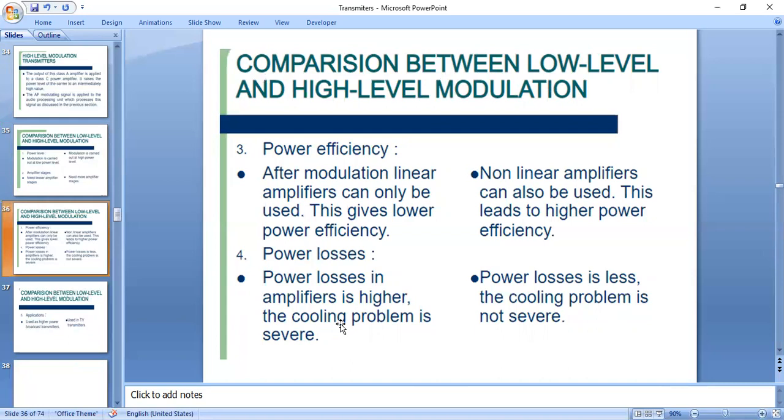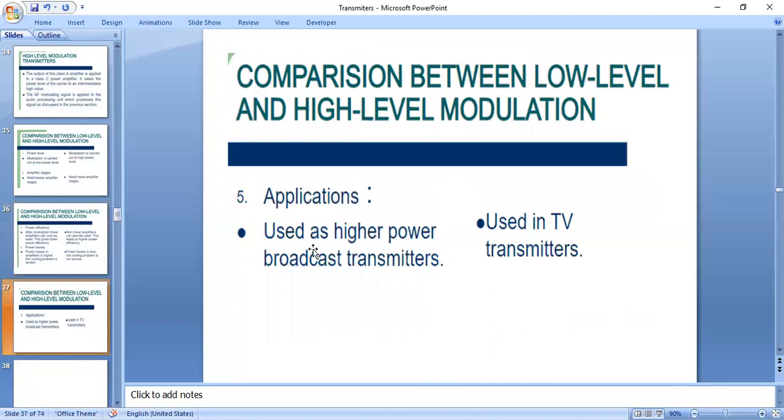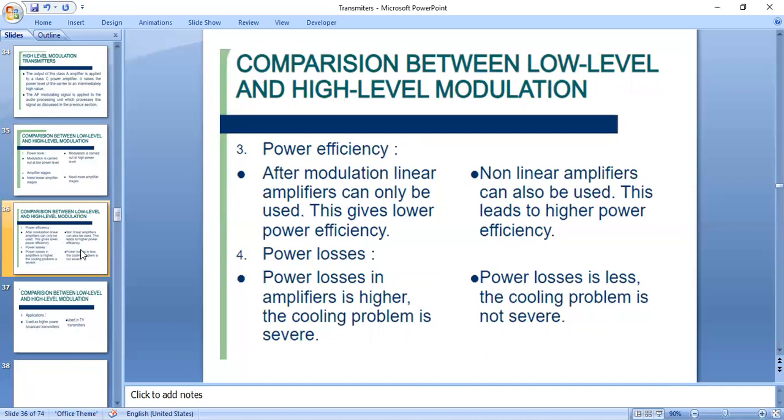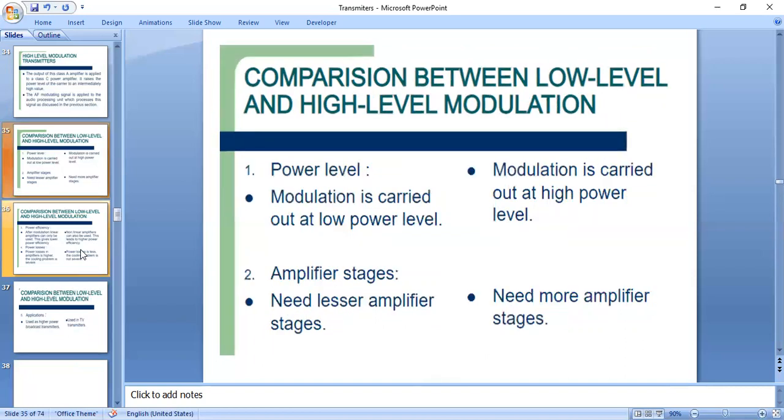In low level modulation, the main drawback is the cooling problem, while here the cooling problem is not severe. And also applications: it can be used for high power broadcast transmitters, and it is used in TV transmitters. So these are the differences between the low level and high level modulation AM transmitters.